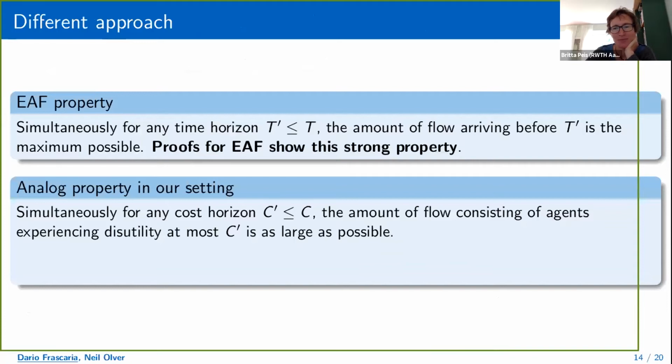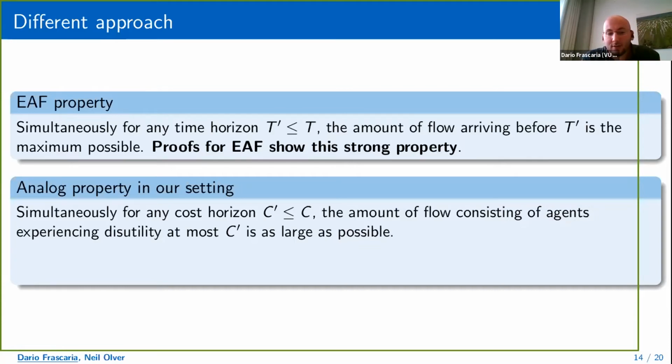So the LSR flow has the strong property that simultaneously for any time horizon t prime, the amount of flow that arrives at the sink before time t prime is the maximum possible. And the proof that shows that the flow is an LSR flow shows this strong property.